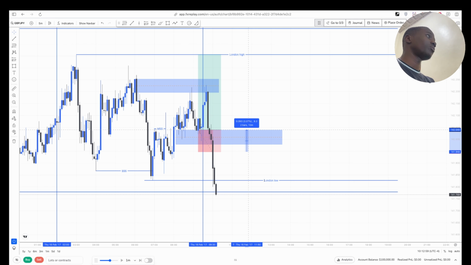So it's 0.1 pips, because it's 0.09, so it's 0.1. Okay, so it's 0.1.